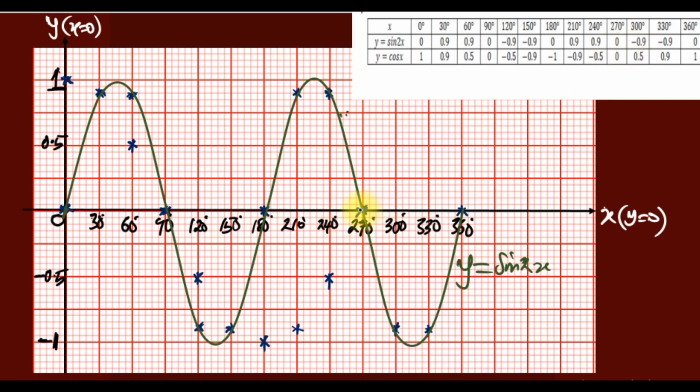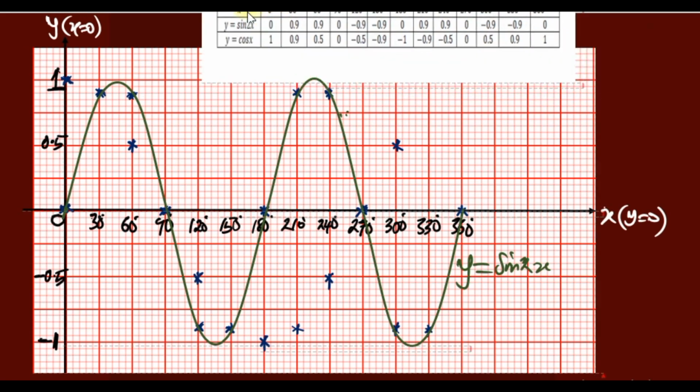270, that same point. 300, 0.5. 300, 0.5 is up here. 330, 0.9. Let me move this to this side.